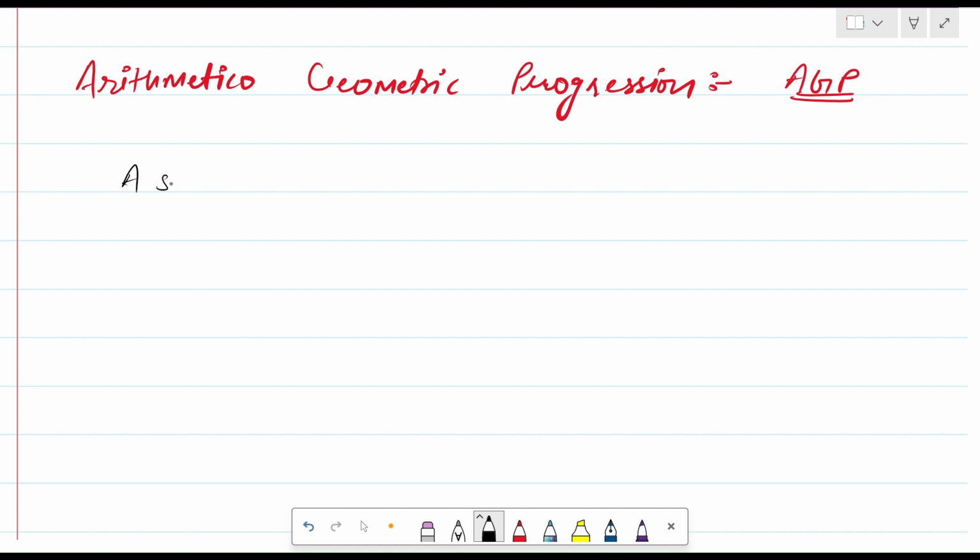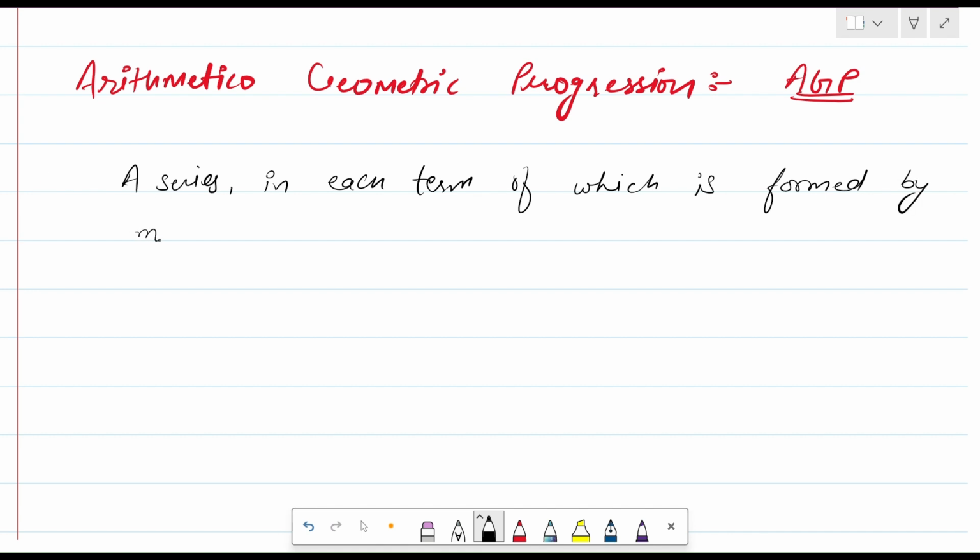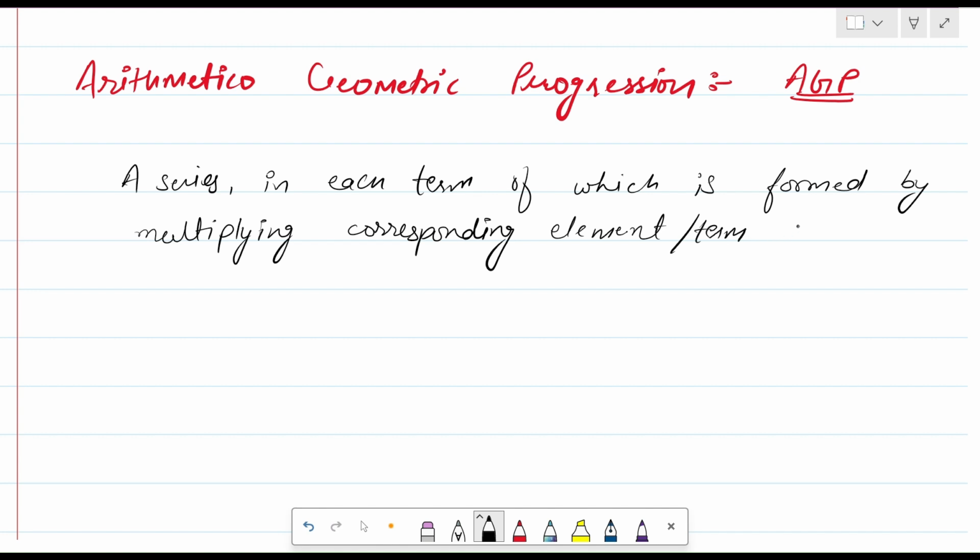A series in each term of which is formed by multiplying corresponding elements or terms of an AP, meaning arithmetic progression, and GP, geometric progression.